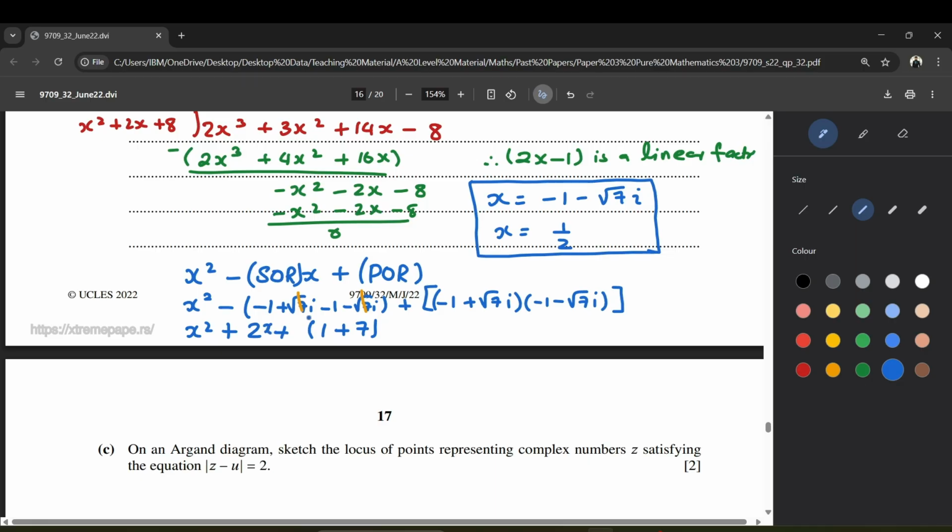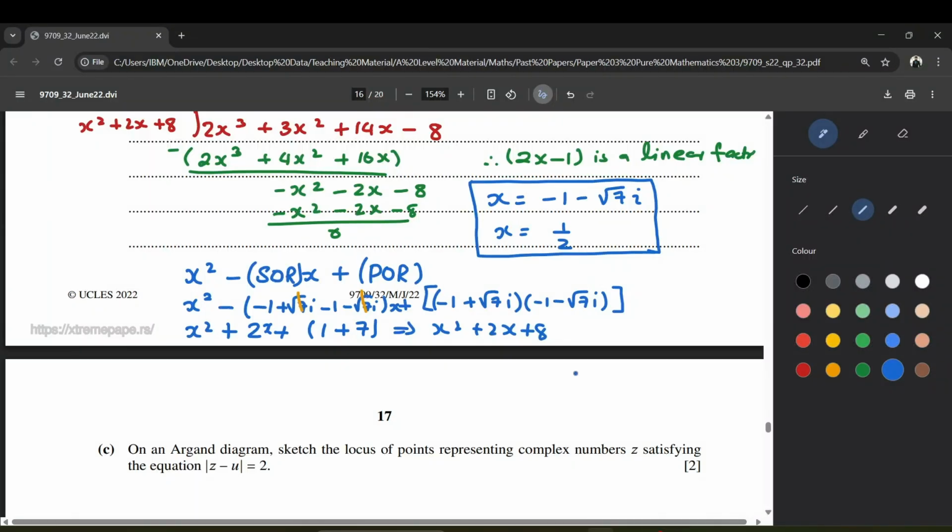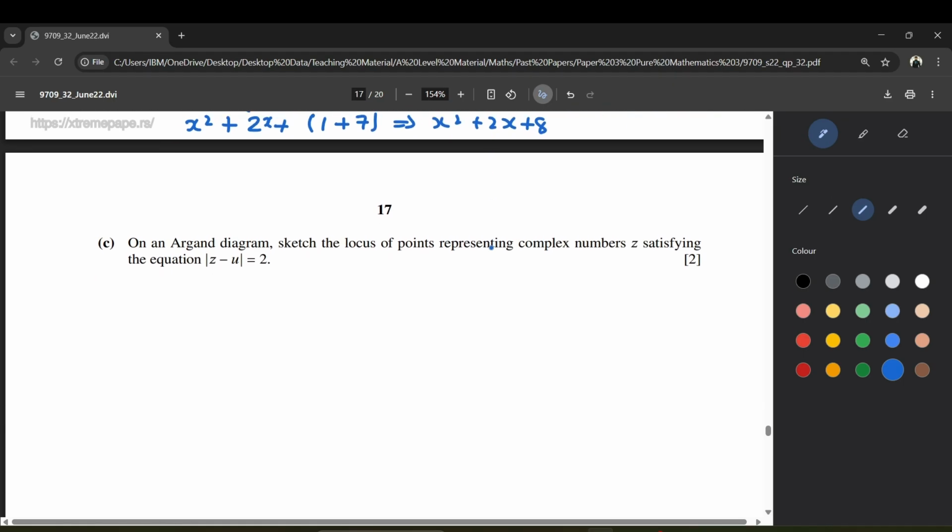And yeah, sorry, forgot to write x over here, and that basically becomes x square plus 2x plus 8. All right, so basically this is another way that you can achieve this point. And once you have got your quadratic factor, you can now use the long division method to work out the third linear factor.